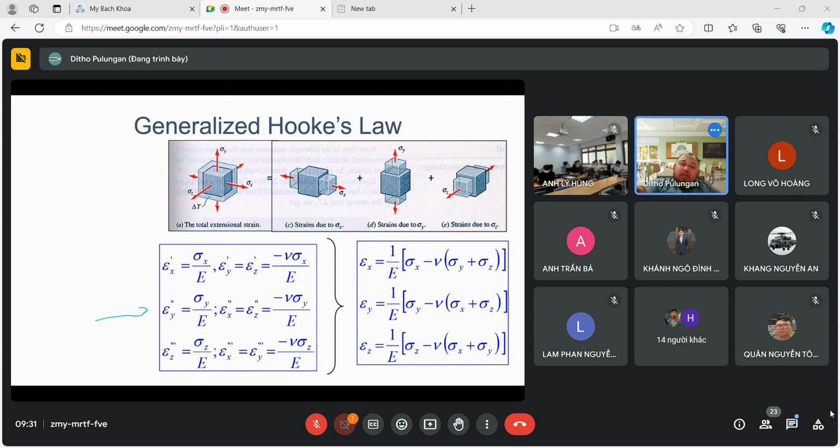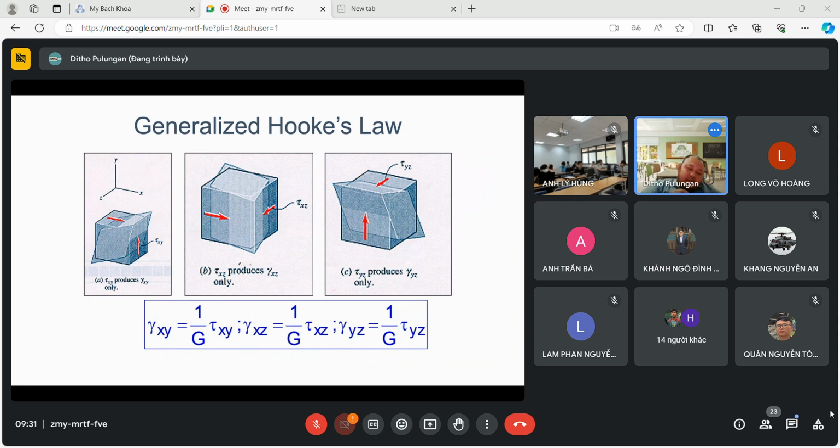Because you have sigma x, sigma y, sigma z, the three normal stresses you remember before, and then you also have another stress, the shear stress. This is called Hooke's law in 3 dimensions.